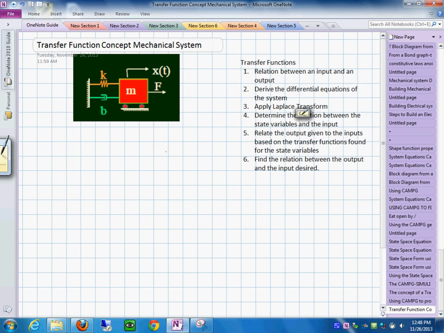Why don't we go over here and say, okay, look, for the motion to the right, you have a force in here. We can write a free body diagram to get the forces going.